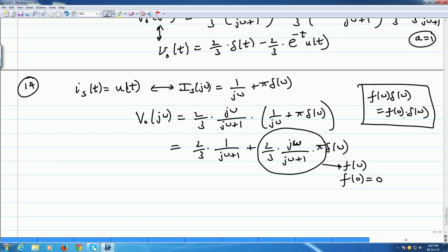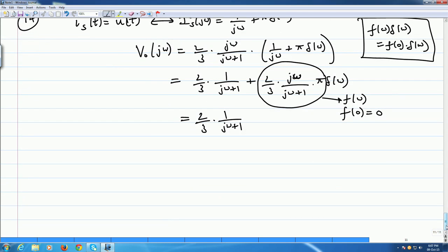So, f of 0 goes to 0, and 0 into delta of omega becomes 0. So, this entire second term goes off to 0, and you simply get 2 by 3 times 1 by j omega plus 1. Okay. So, now if you do the inverse transform, you get V naught of t is 2 by 3 e power minus t u of t. Okay. So, once again from here you can read out the values of a and b.